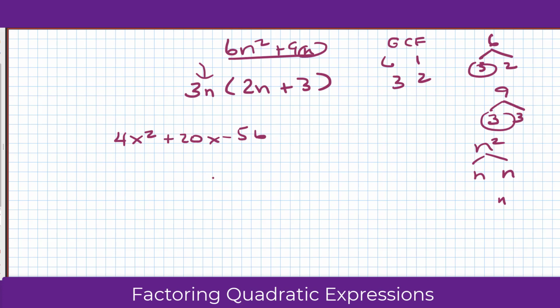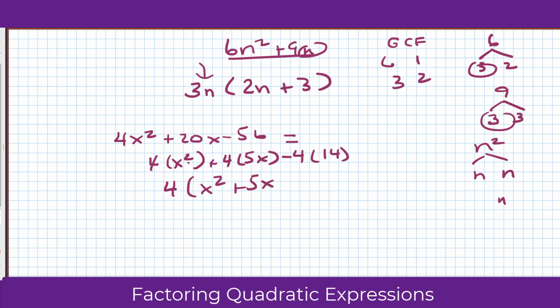So that's going to equal 4 times x squared plus 4 times 5x, because that's our 20, and then minus 4 times 14, because that's negative 56. So we have 4 times x squared plus 5x minus 14.